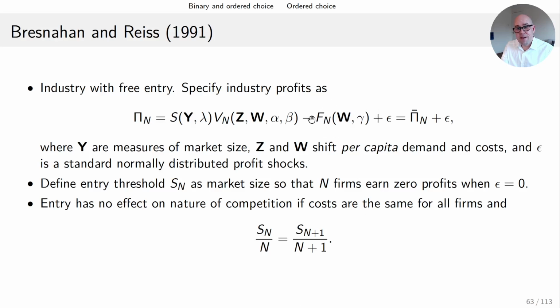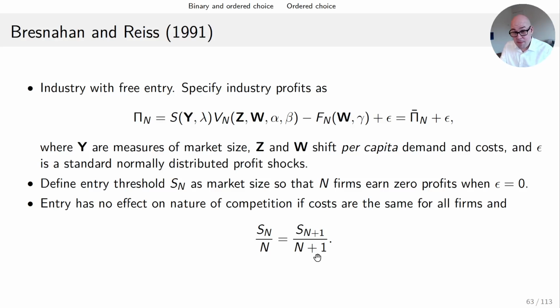So if there's a certain symmetry in the Fn, in the sense that the last firm entering has the same Fn as the first firm entering, and each firm earns the exact same variable profits, then the number of people I need per firm will not depend on the number of firms in the market.